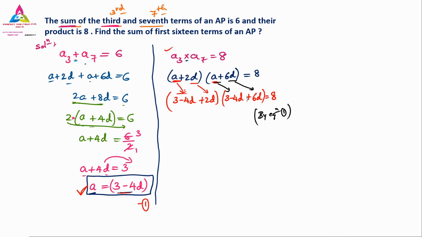Next, the continuation part. The 3 is only one term, so I will write 3 as it is. And here you can see minus 4D and 2D are like terms, along with the D we have these two terms. We have to add 2D to minus 4D. 4D is greater than 2D, and 4D has the negative symbol, so the result is negative.